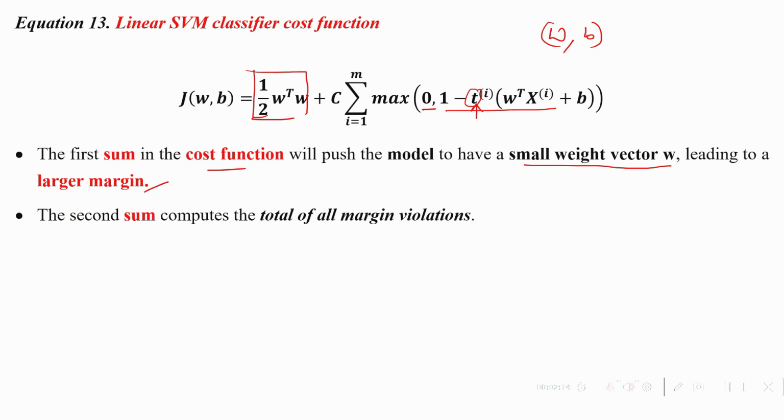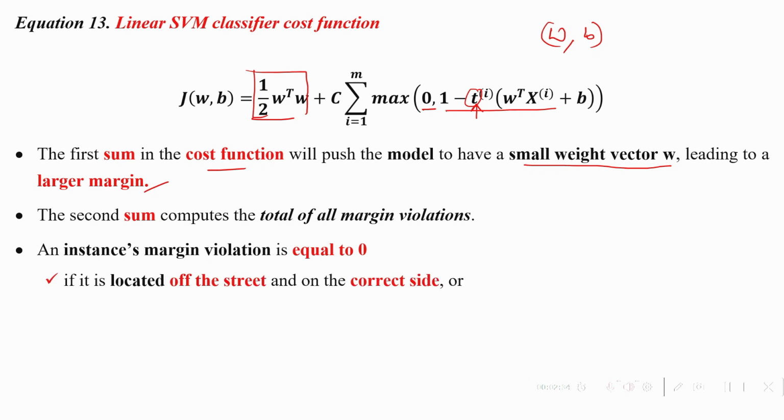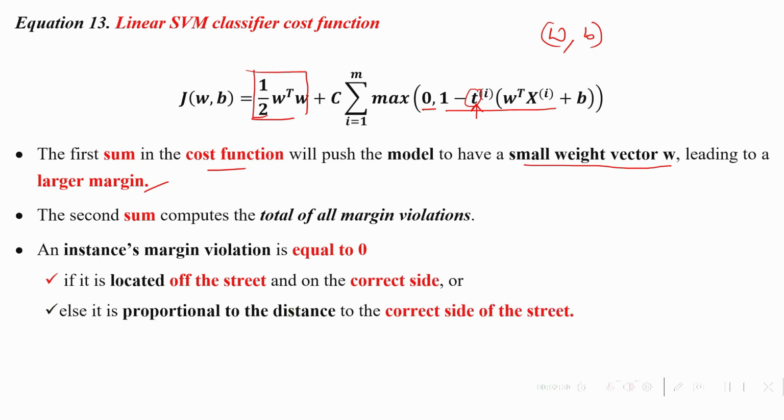Then the second sum computes the total of all margin violations. Here we get the value with respect to t, the total of all margin violations, meaning which elements violate the margin. An instance's margin violation is equal to 0 if it is located off the street on the correct side; otherwise it is proportional to the distance to the correct side of the street.